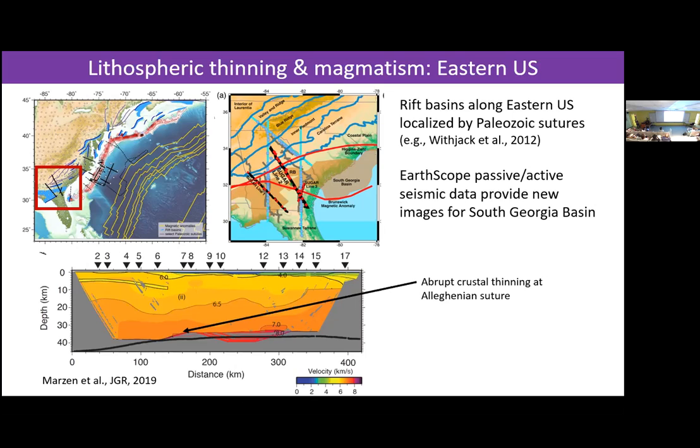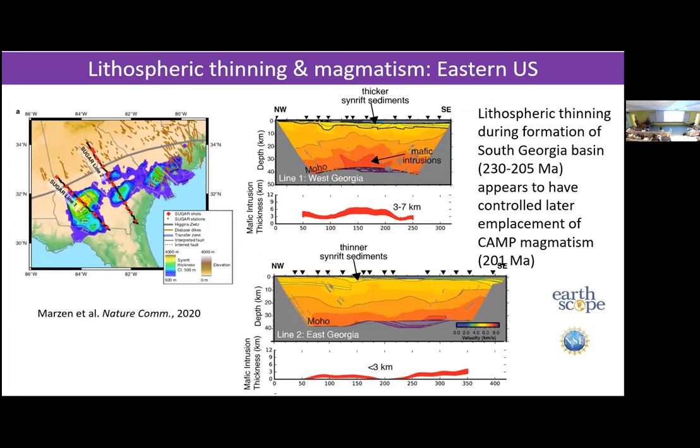And she observes a pretty sudden increase in thinning of the crust. And there's an associated formation of rift basins, which occurs right at where one of these big red lines, this old Alleghenian suture, was. And so that was one influence. This rifting happened from 230 to 205 million years.